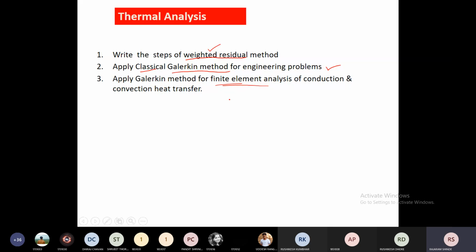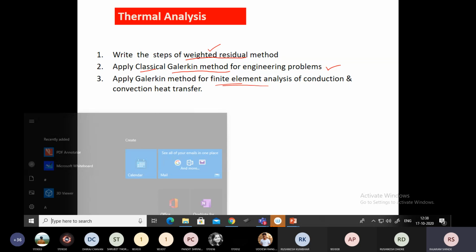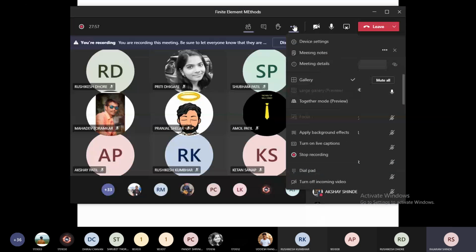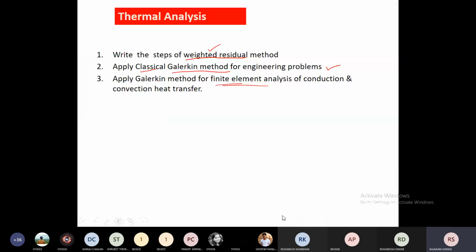Then we will use that method for thermal analysis. One more thing I want to tell you: this is a new concept for you, and somewhat complicated as compared to other concepts. So be serious about this and try to understand.